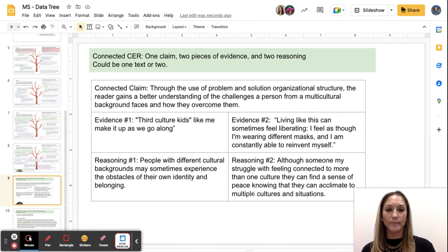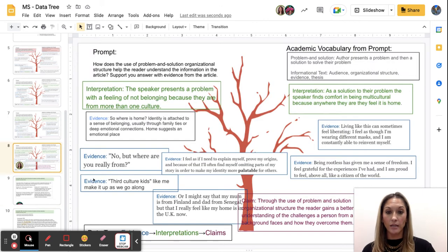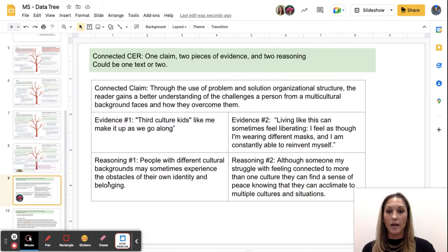And this frame helps students frame that thinking. I'm writing my claim from my data tree at the top of this frame. Again, it's through the use of problem and solution organizational structure, the reader gains a better understanding of the challenges a person from a multicultural background faces and how they overcome them.